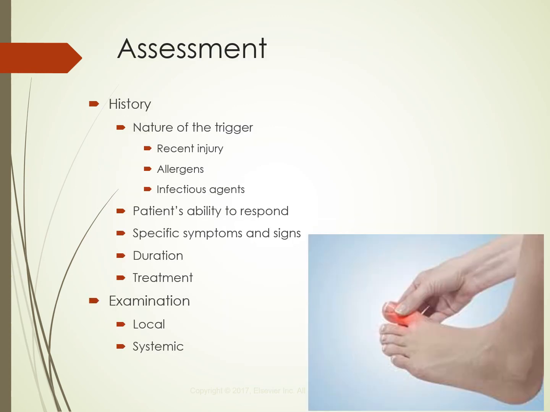Your assessment would include a history, the nature of the trigger, was it a recent injury, are they allergic to things, infectious agents, patient's ability to respond, specific symptoms and signs, duration and treatment, examination of local inflammation and possibly systemic.